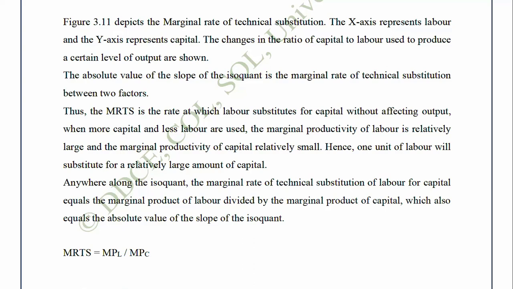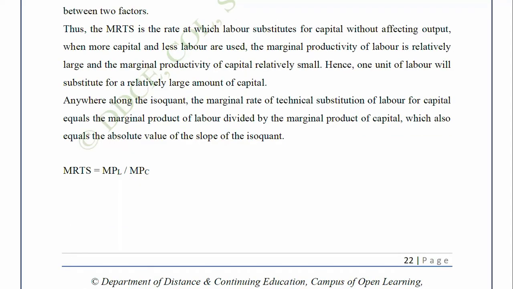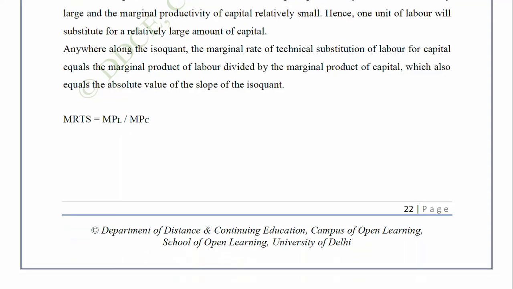Anywhere along the isoquant, the marginal rate of technical substitution for labor for capital equals the marginal product of labor divided by the marginal product of capital, which also equals the absolute value of the slope of the isoquant. Marginal rate of technical substitution equals marginal product of labor upon marginal product of capital.